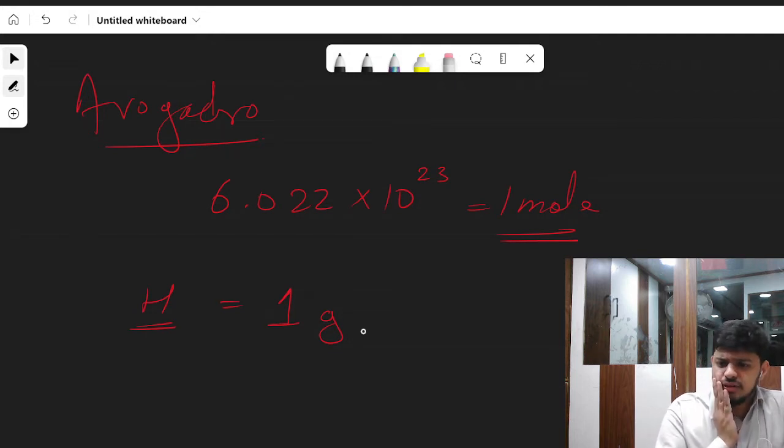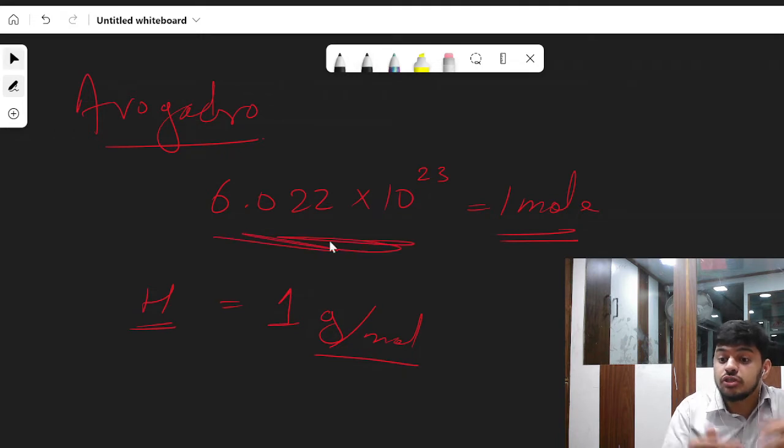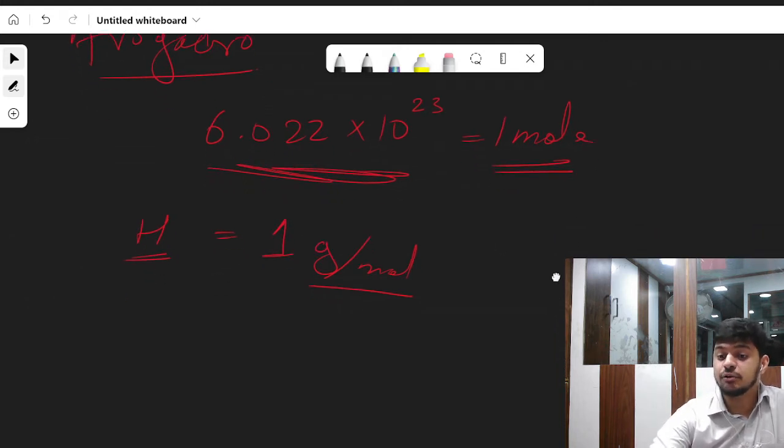Atomic mass, it means the mass of an atom? No, wallah, no. Atomic mass is the mass of 1 mole of atoms. What is 1 mole of atoms? It means that if I have this much hydrogen atoms, it will only weigh 1 gram.